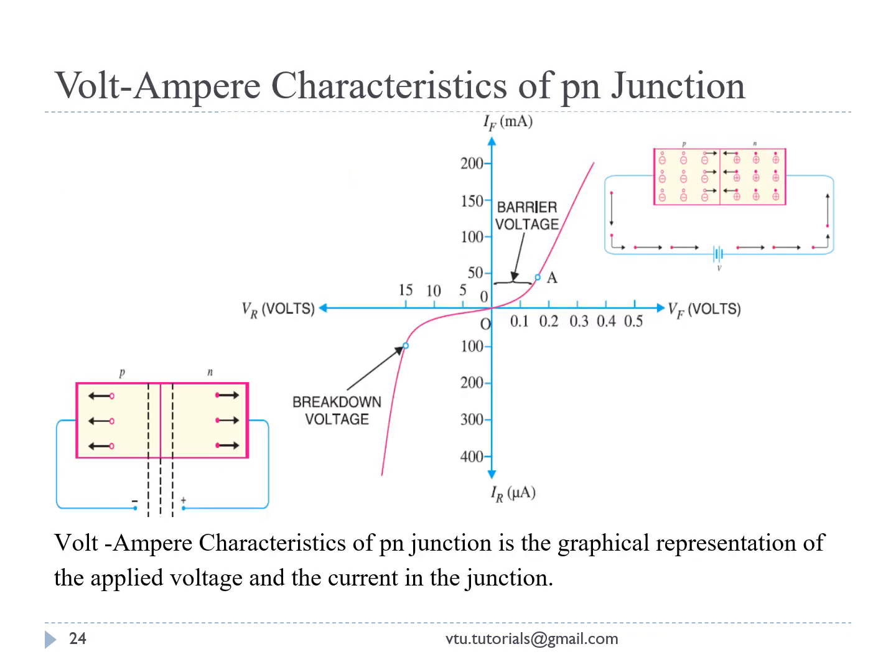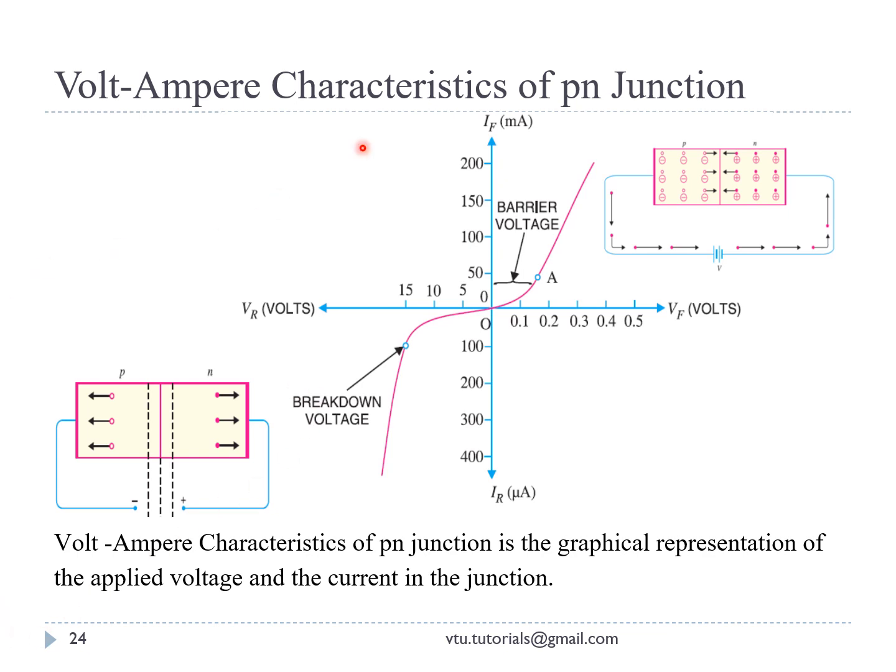For the PN junction, how it reacts to the external DC voltage. So now let us go with the volt ampere characteristics or the VI characteristics of the PN junction. This volt ampere characteristics is the graphical representation of the applied voltage and the current in the junction.